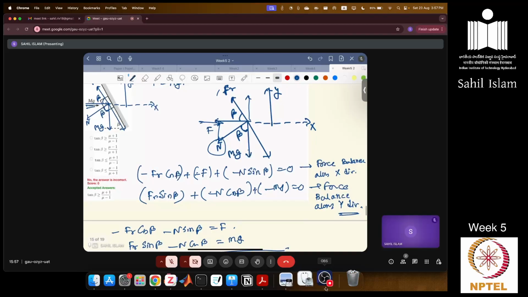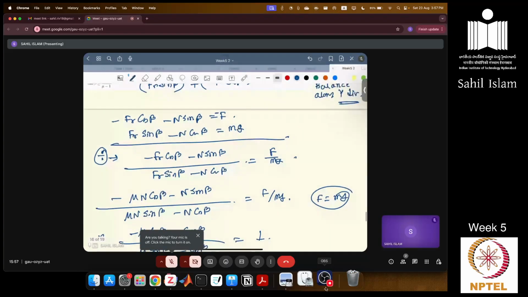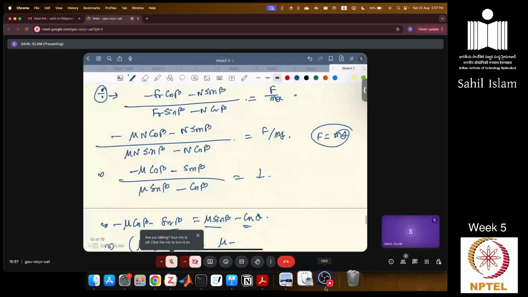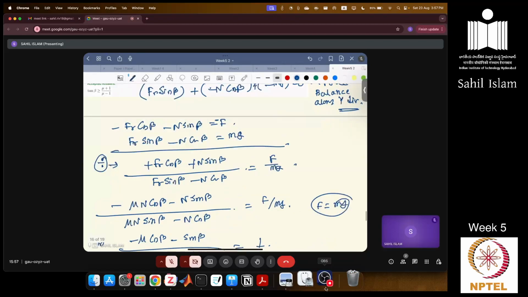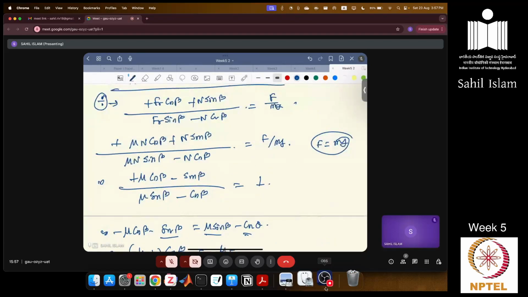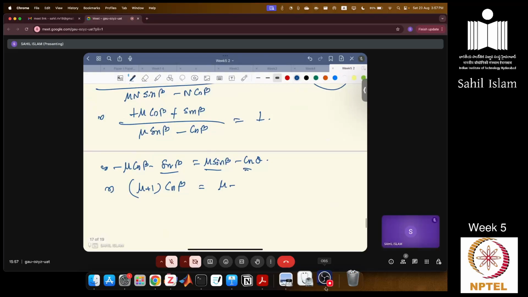So this will be plus if we take these two as negative. F is in this direction, so F is plus. This becomes minus. The whole upper part becomes plus.